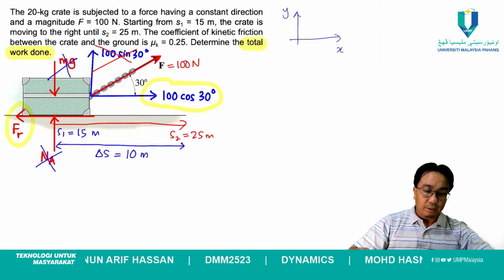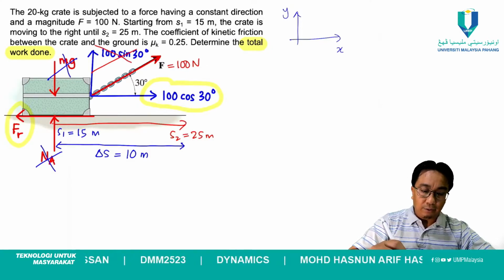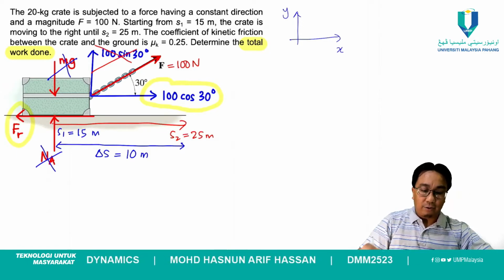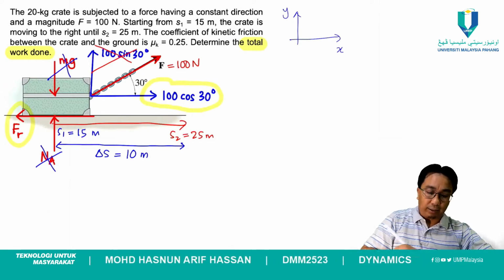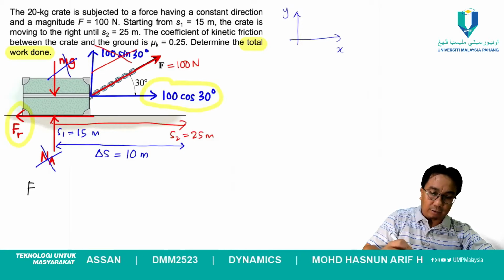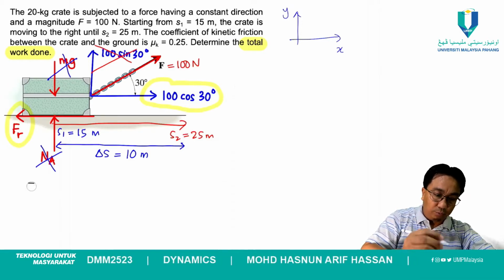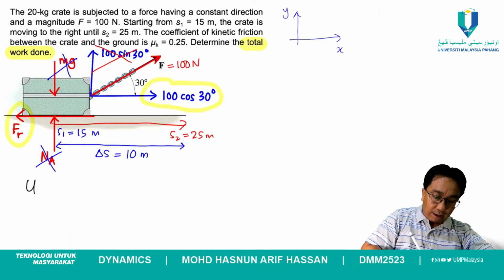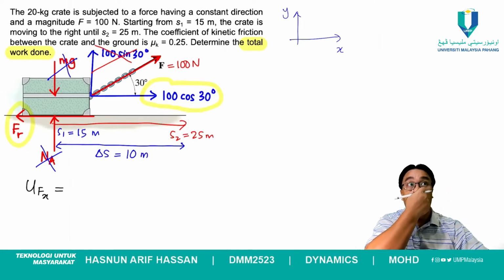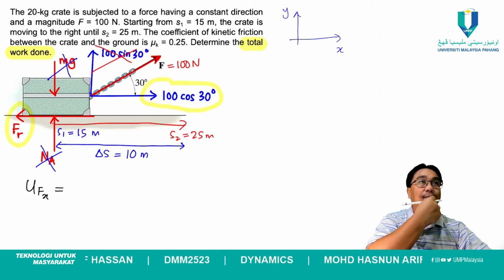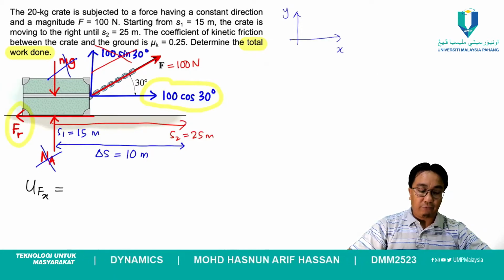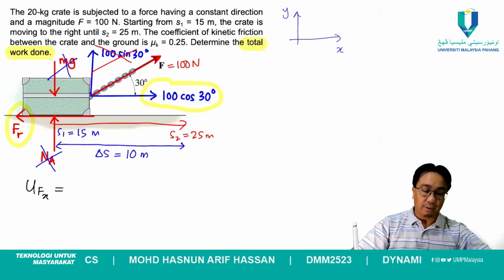Okay, so let's look at the 100 cos 30 first. How do we calculate this? Let's call it UFx. How do we calculate the work done by the force in the x-axis, 100 cos 30?